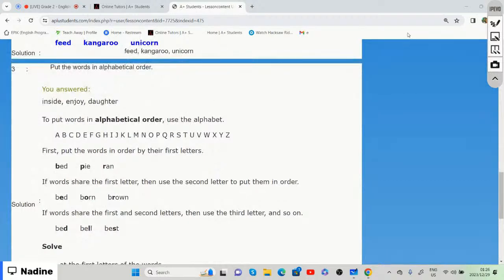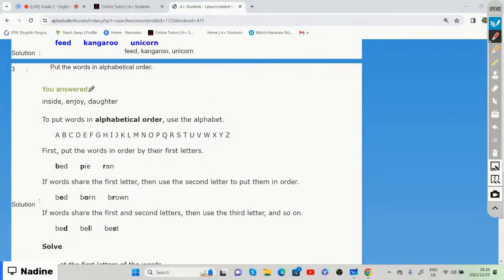So now we also need to put the words in alphabetical order, right? And if we look at the first letters of each of these words, then we have I, E, and D, right? Which means that we need to put the words in order by the first letters.